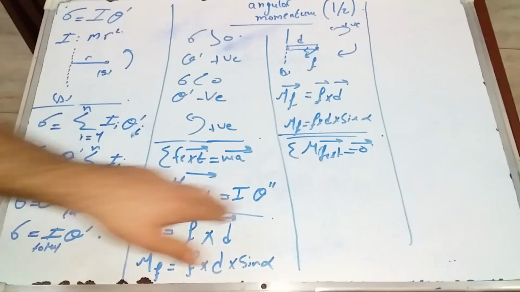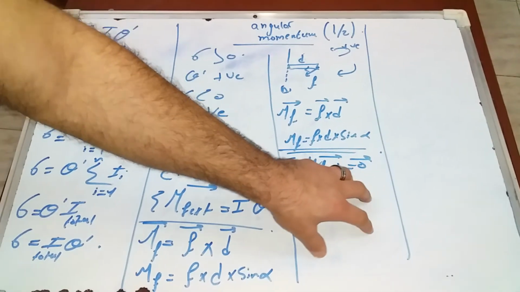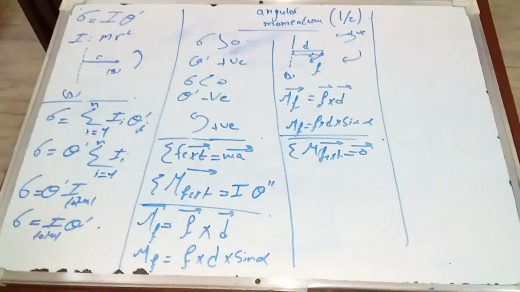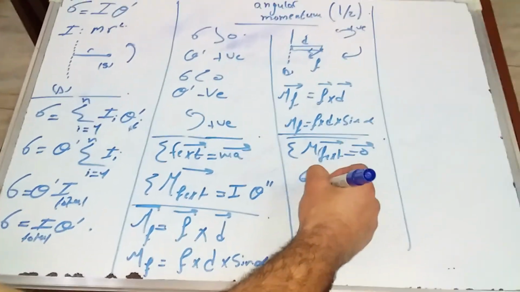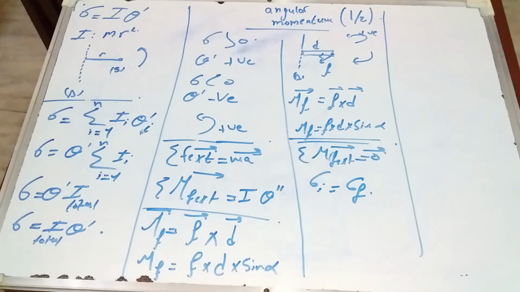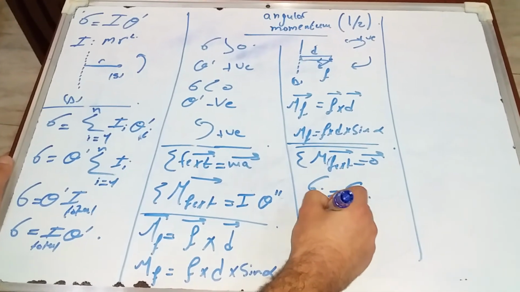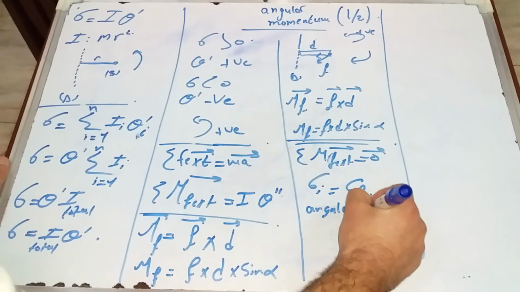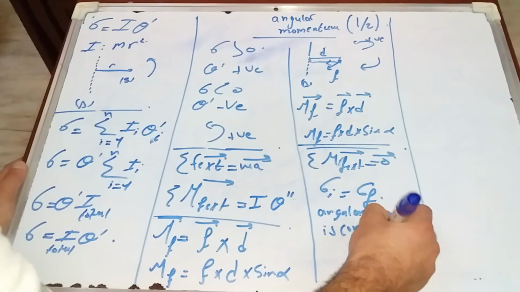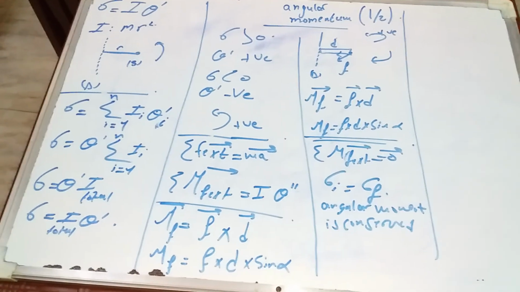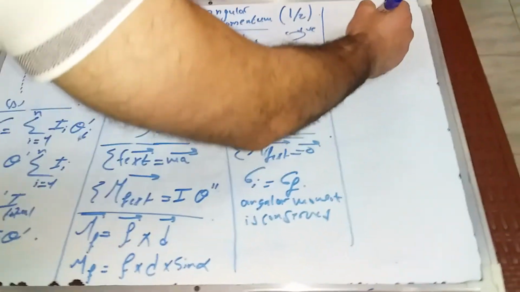If they are zero, we can say that this is a mechanically isolated system, which leads to sigma initial equal to sigma final. By this we mean that the angular momentum is conserved.